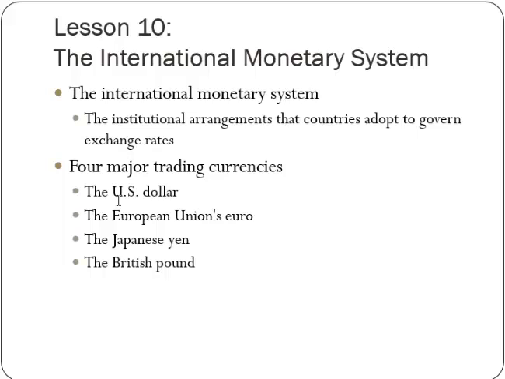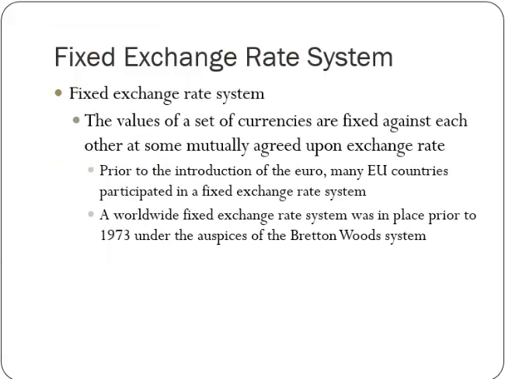The four major trading currencies in the world are the dollar, the euro, the Japanese yen, and the British pound. There are fixed exchange rate systems, which are currencies that are fixed against each other. Now, this is not the way it works between the major currencies of the world, but sometimes when countries have close economic cooperation with each other, they do establish that their currencies should not go up or down against each other.